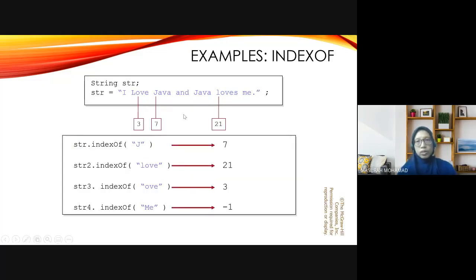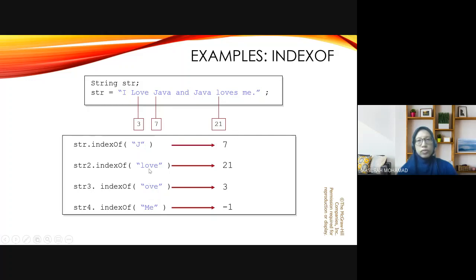Okay, so another example of indexOf. Let's say you call the method indexOf, and you want to know what position or index number the letter J is placed at. So just put J here, and the compiler will return 7. Same goes with other words.